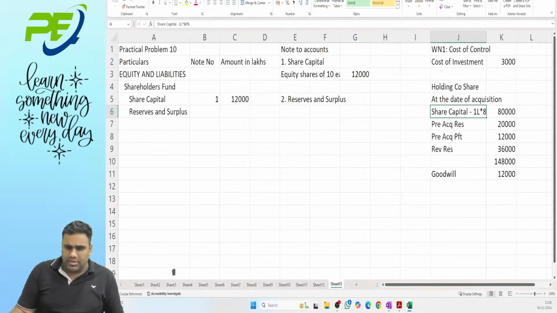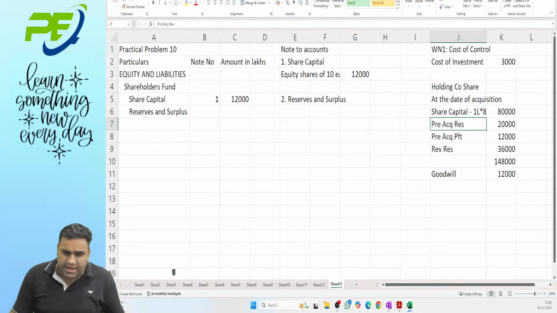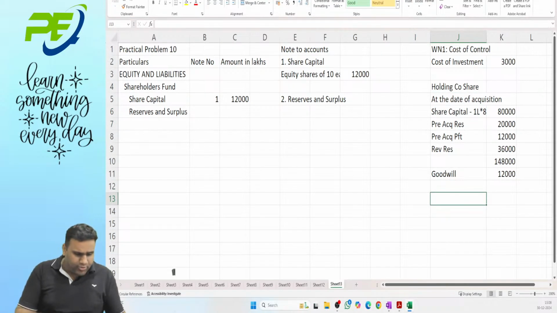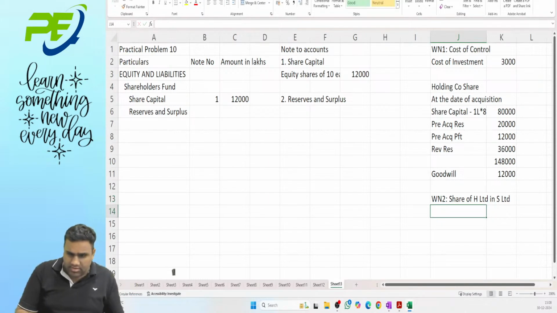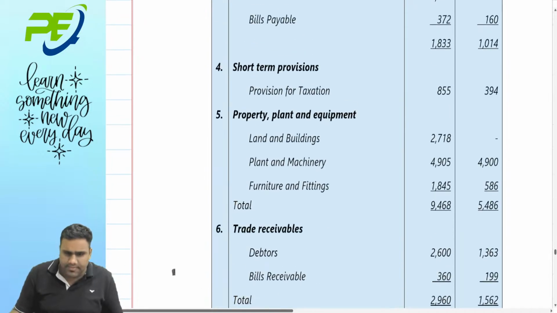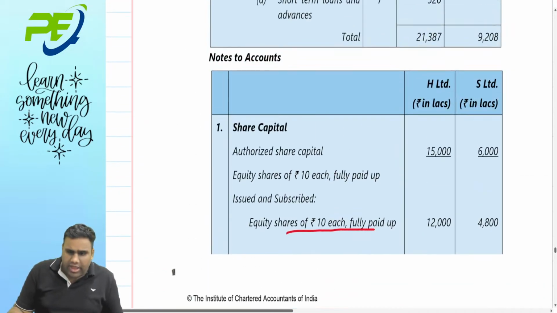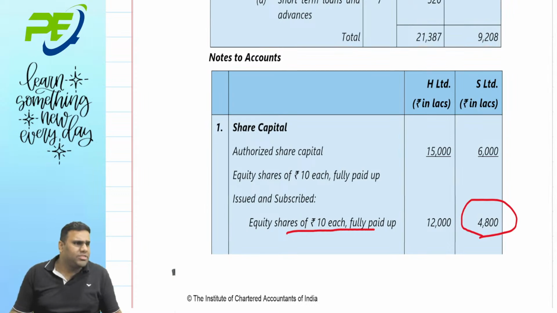Now, I think this part is going to be a little complicated. So I'm doing one more working note. Share of H Limited in S Limited. S Limited shares, it is 4,800 and 10 rupees each.